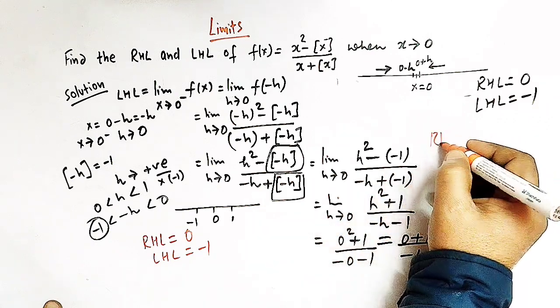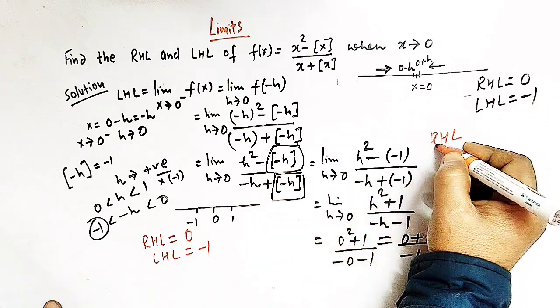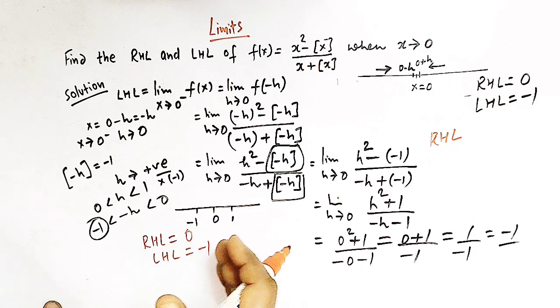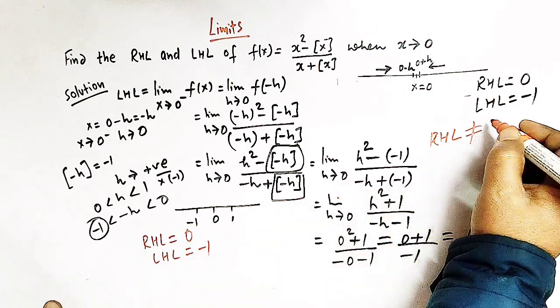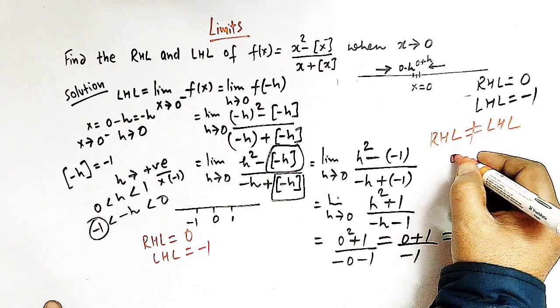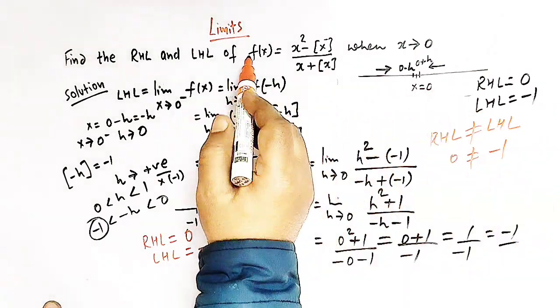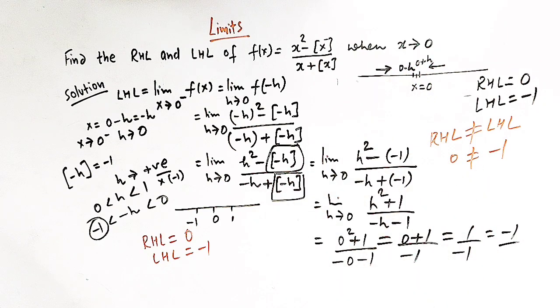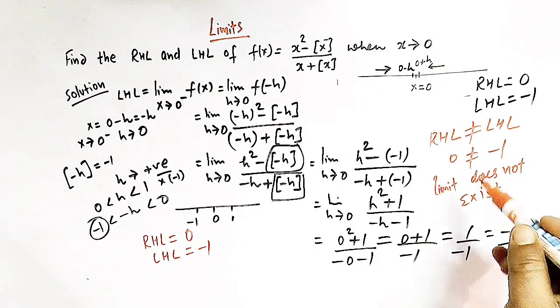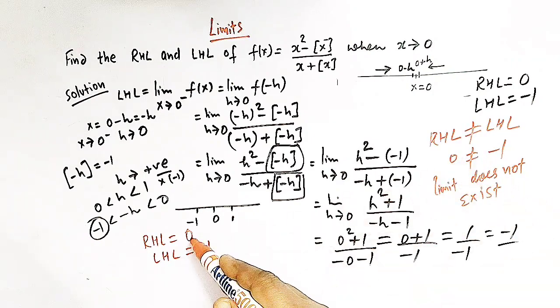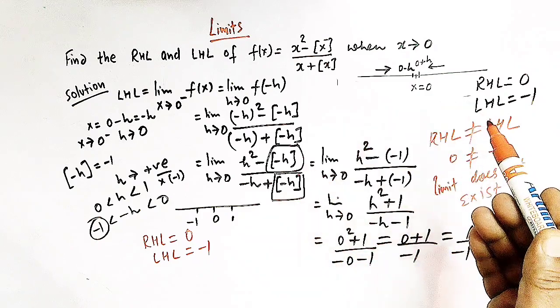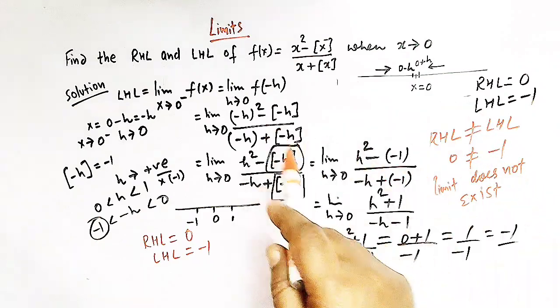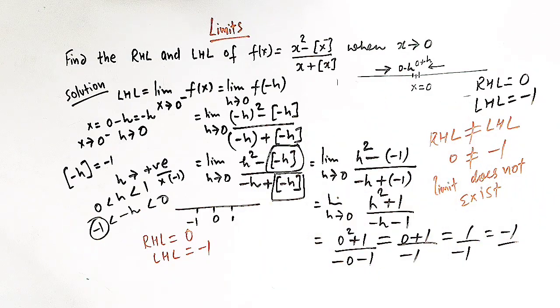So here the right hand limit and left hand limit both exist, and they are finite, but they are not equal to each other. So we can now claim that the limit of this function when x approaches 0 doesn't exist. Since 0 is not equal to minus 1, hence we can easily claim that the limit of this function when x approaches 0 doesn't exist.